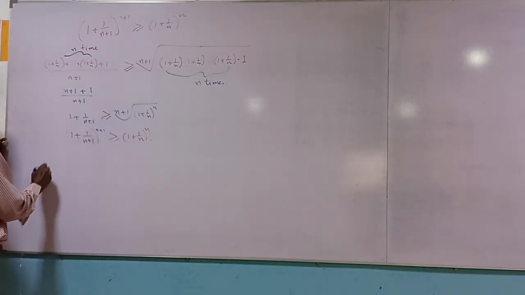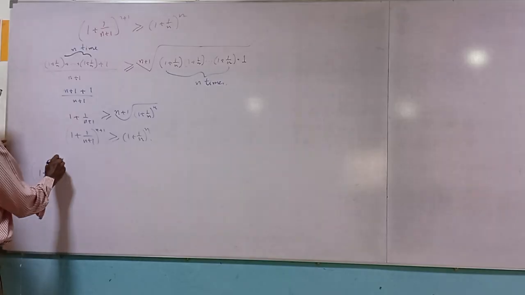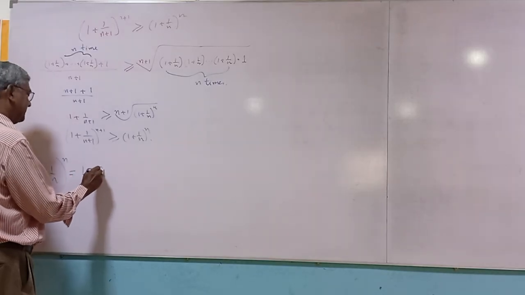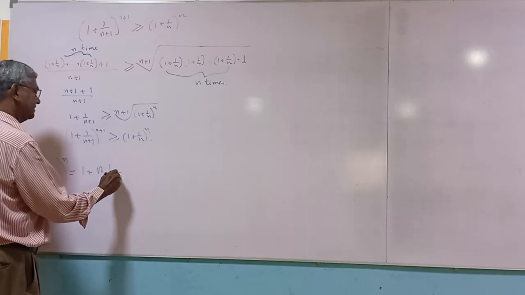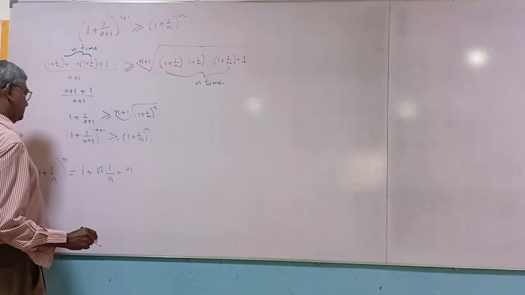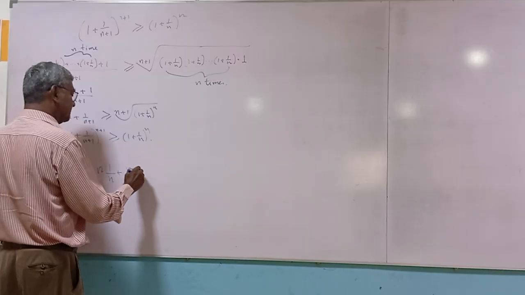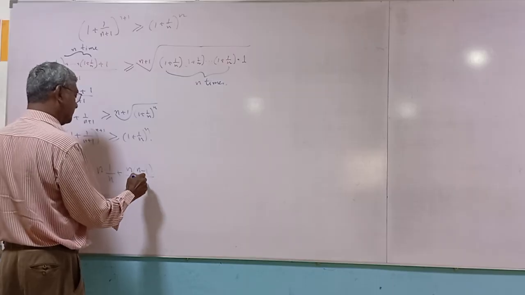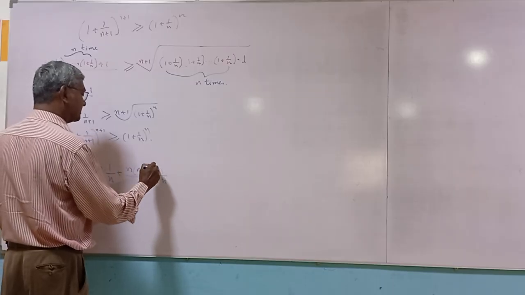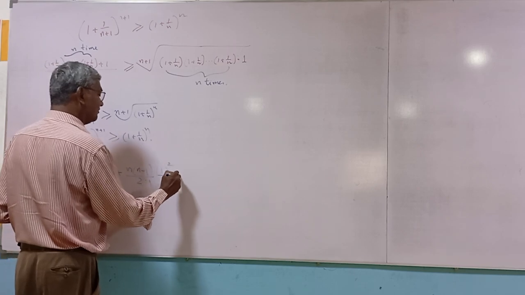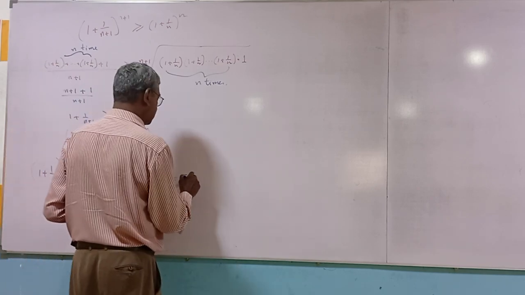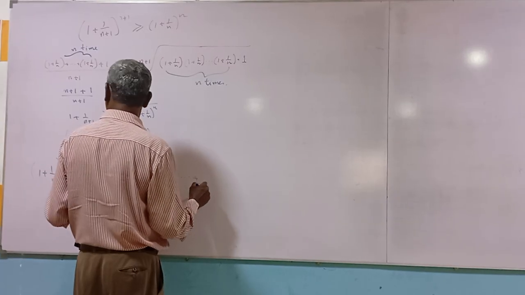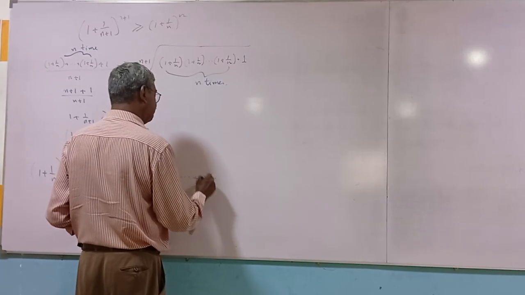1 plus 1 over n raised to the power n is 1 plus n times 1 over n plus, n times n minus 1 divided by factorial 2, that means 2 times 1 times 1 over n squared, plus and so on, plus 1 over n raised to the power n.